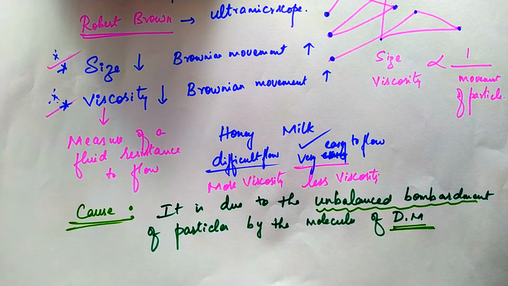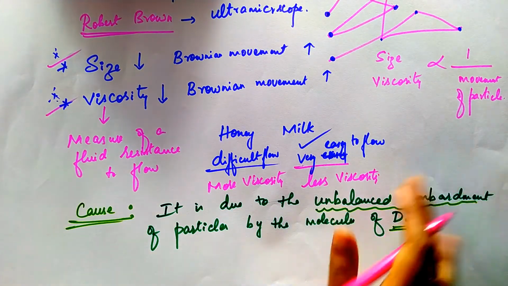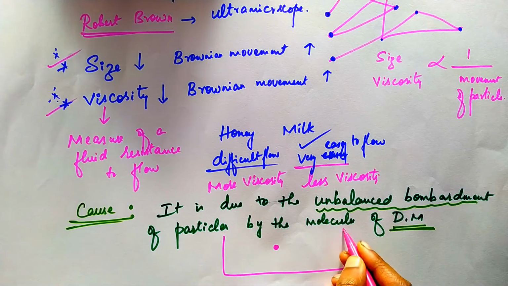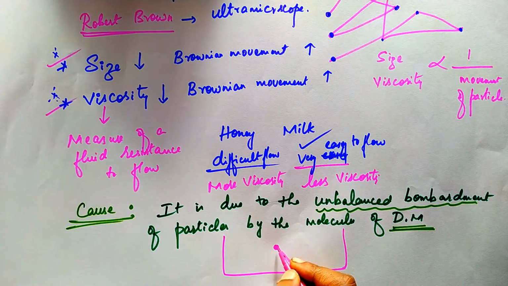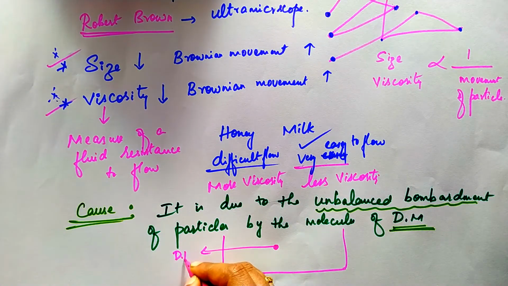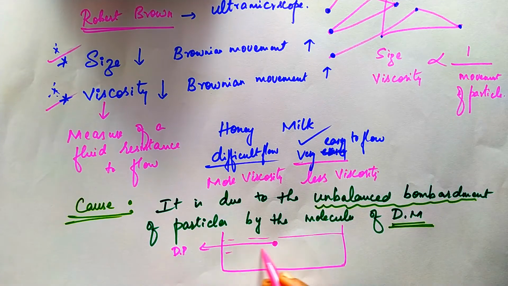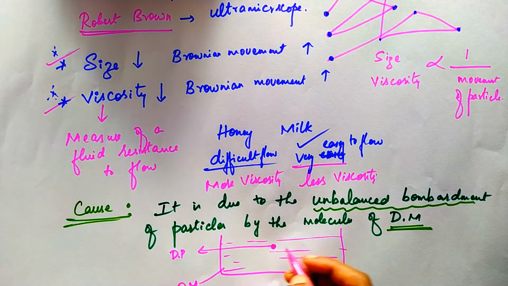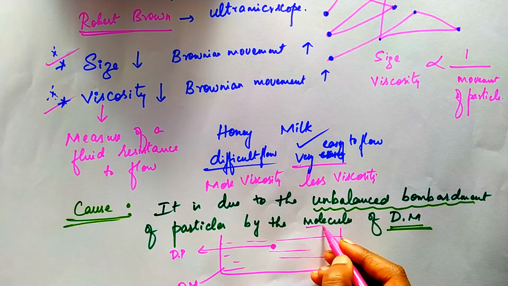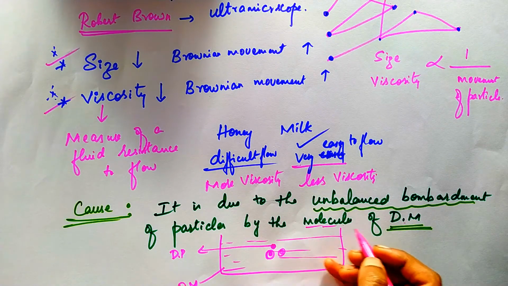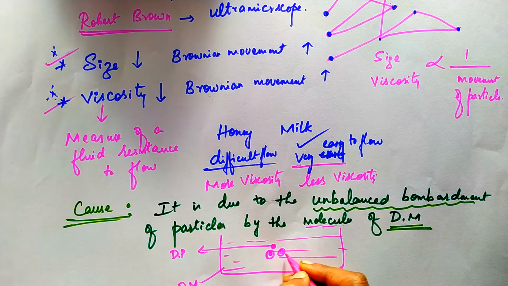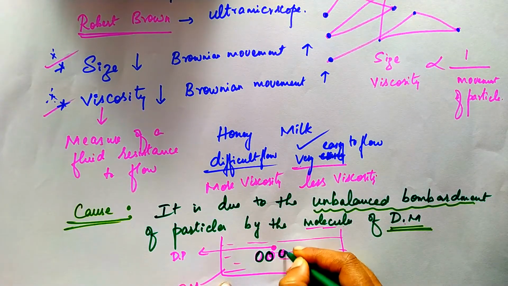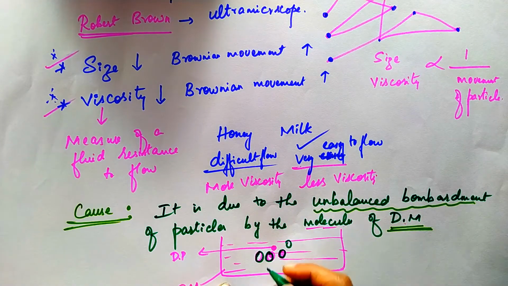So what is the meaning of this unbalanced bombardment? I am taking a beaker which contains a colloidal particle. This colloidal particle is the dispersed phase and the solution is the dispersed medium. The molecules of the dispersed medium, I'll show in a different color, strike the colloidal particle.